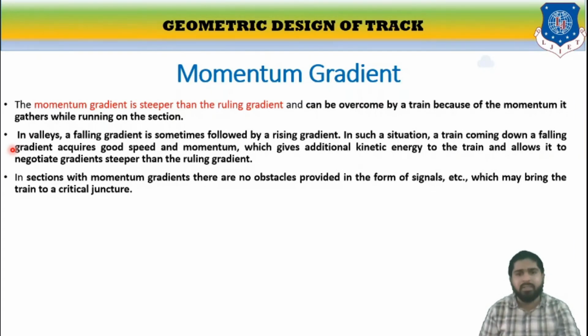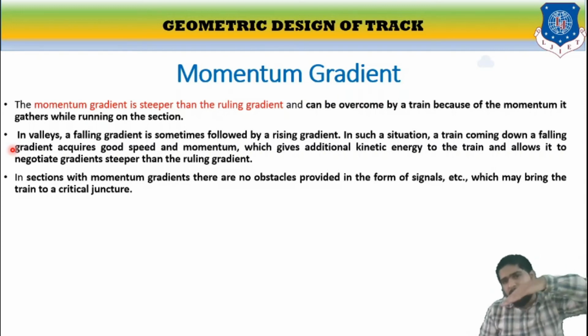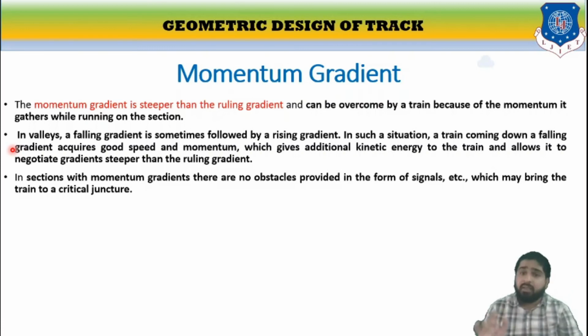What happens in a valley gradient? We do not have to accelerate the vehicle because a falling gradient is sometimes followed by a rising gradient. In this situation, a train coming from a falling gradient acquires good speed, momentum and additional kinetic energy, which allows it to negotiate the ruling gradient.